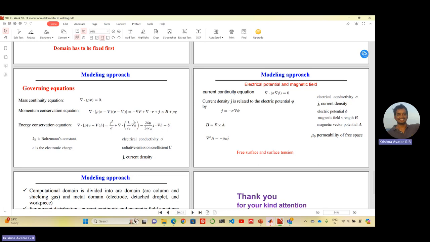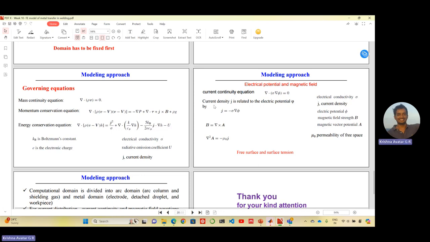And this was for the mechanical aspects. Now we come to the electric and electromagnetic aspects. We first have the current continuity equation, which is divergence of sigma grad phi is equal to 0.